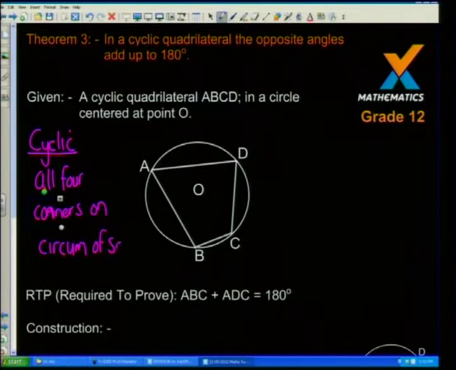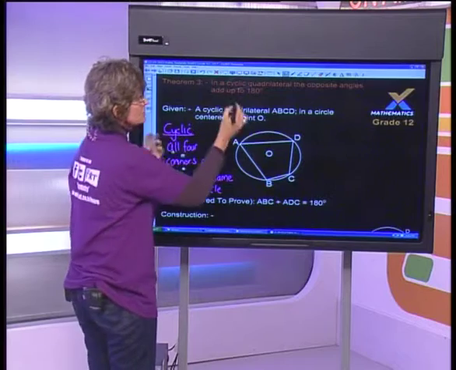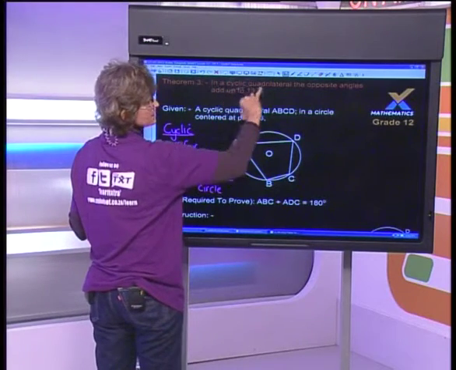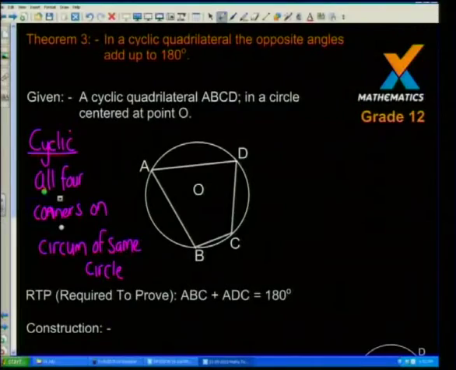Not different circles, same circle. This theorem is quite fascinating because it claims that if you've got a cyclic quadrilateral, the opposite angles add up to 180.